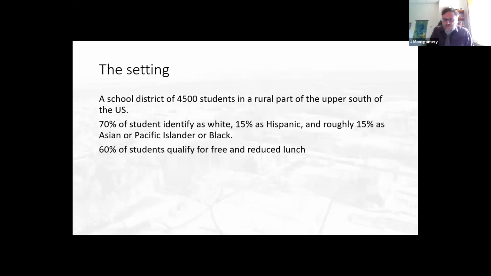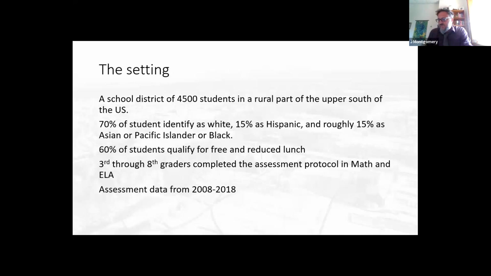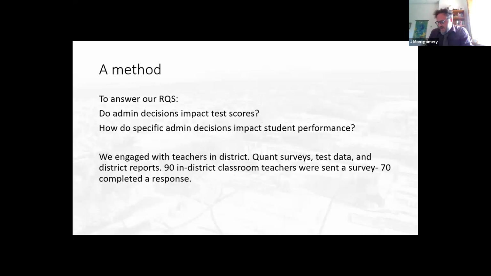It is a high poverty district, and roughly 60% of students qualify for free and reduced lunch, which is the standard way that we establish poverty in a district. This takes place between third and eighth grade, and we're looking at the success of these students on standardized tests. We gathered this assessment data from 2008 to 2018, and then we'll add a coda to that.